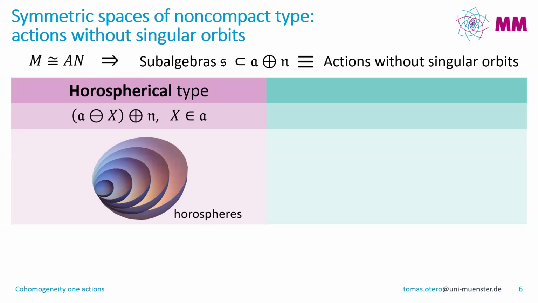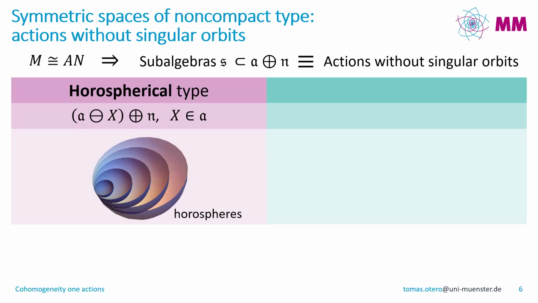And well, the two easy ones are, well, this identification here induces a scalar product on the Lie algebra a plus n, which makes a and n orthogonal. So in particular, if we consider a vector x in a and take the orthogonal complement of this x in a and add the whole n, we get a codimension-one subspace of a plus n, but this has to normalize n.